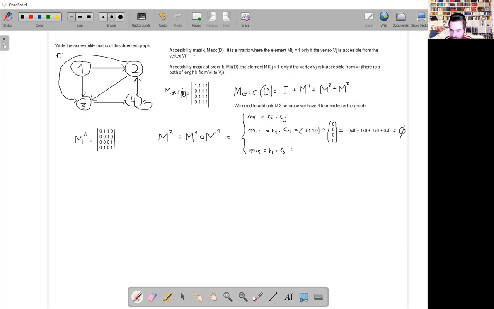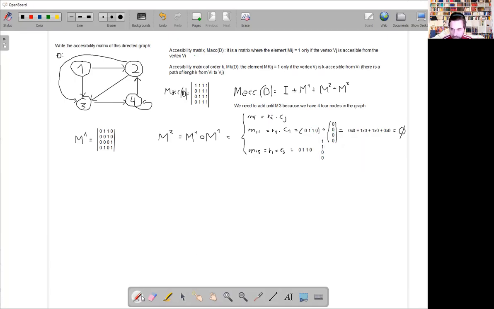Okay, and this is the first row, and the third column is 1, 1, 0, 0.